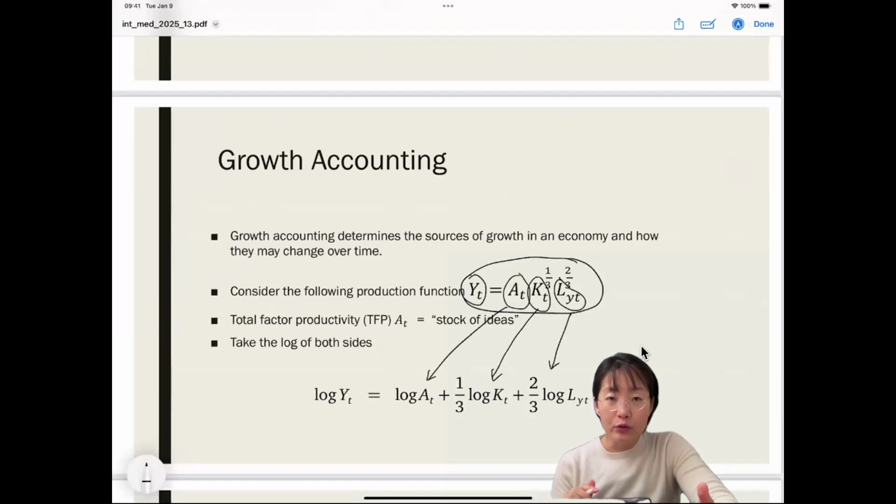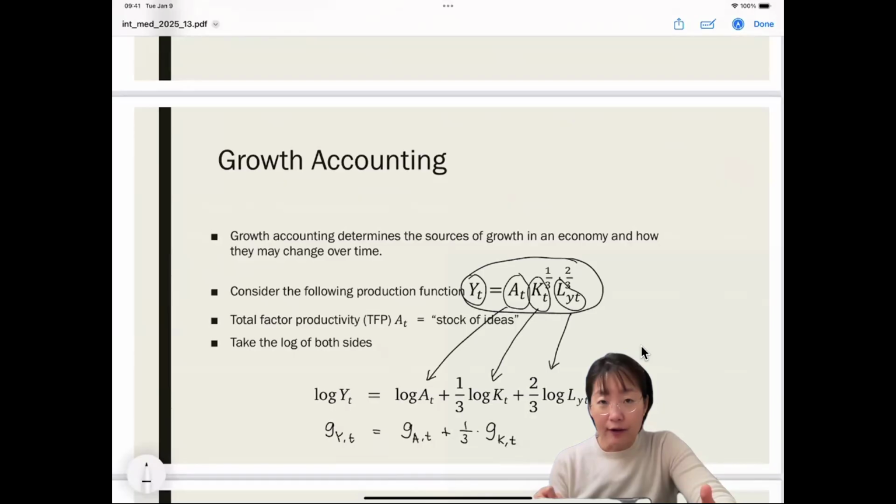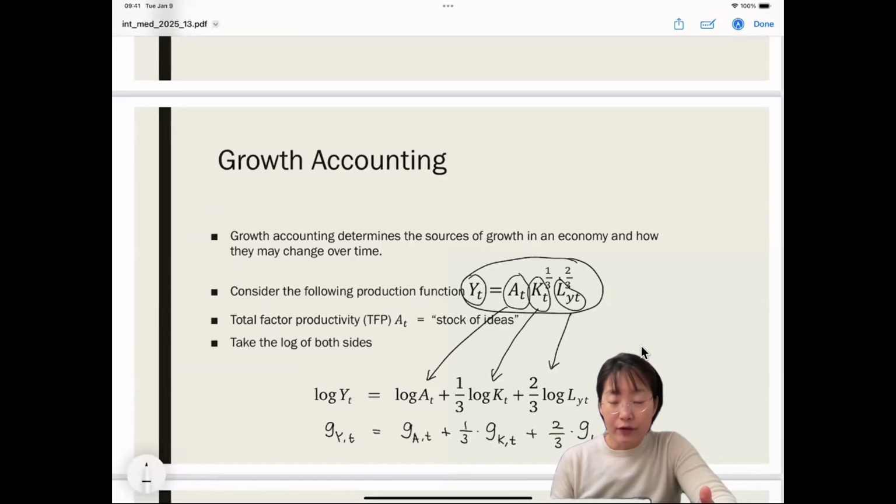And what I'm going to derive from here is that growth rate of output at time t equals growth rate of ideas at time t plus 1/3 times growth rate of capital stock plus 2/3 times growth rate of labor force or workers in the manufacturing sector. Okay, how can I do that?